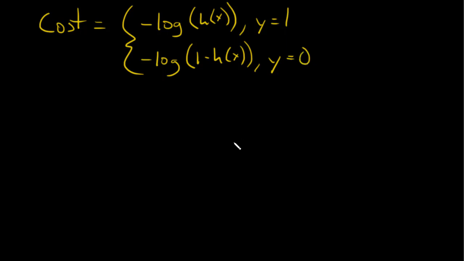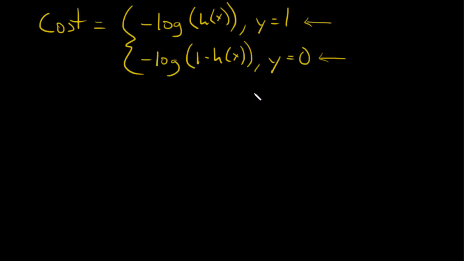So what we're going to do is combine both of these pieces into a single cost function. And this is one of the nicest math tricks you're going to see all day. I want the top function to survive when y is 1, and when y is equal to 0, I want to use the other function.